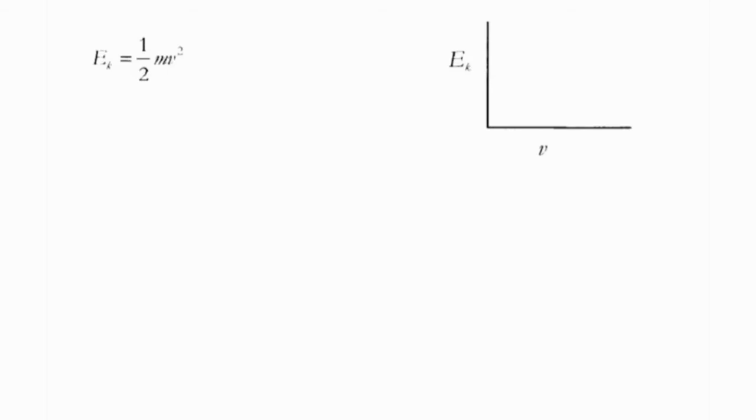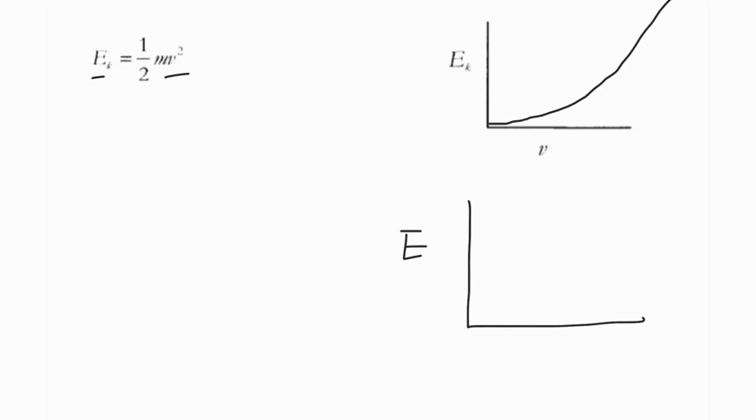One more. Now we have ek as a function of v, and that's v squared. So if we were to just plot ek as a function of v, we see that it's v squared, so we would have an exponential relationship. If I wanted a straight line, I would need to plot v squared.